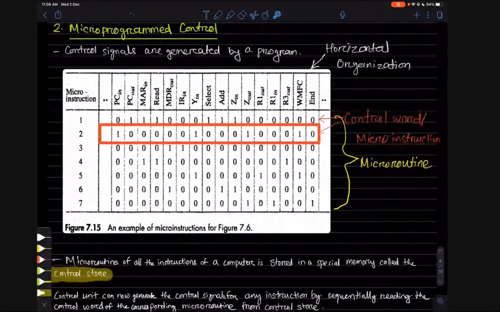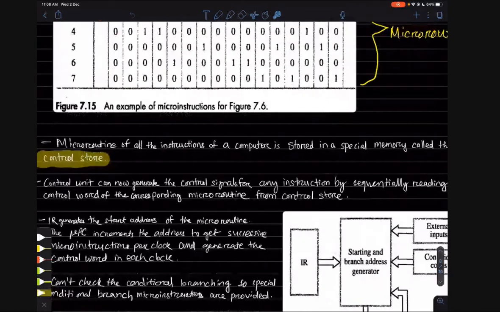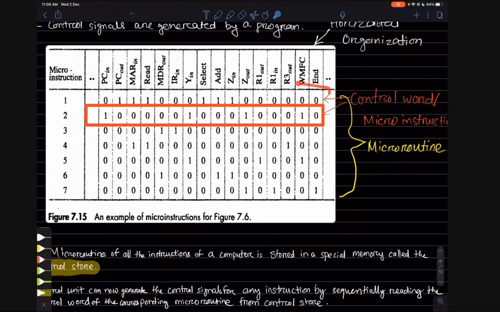So the micro routines of all the instructions of a computer are stored in a special memory called the control store. The micro routine that you have seen in this example is called a micro routine for the addition instruction.